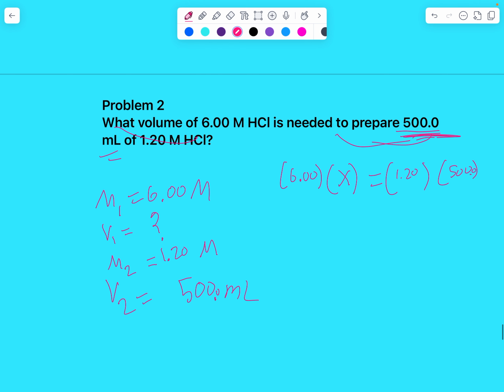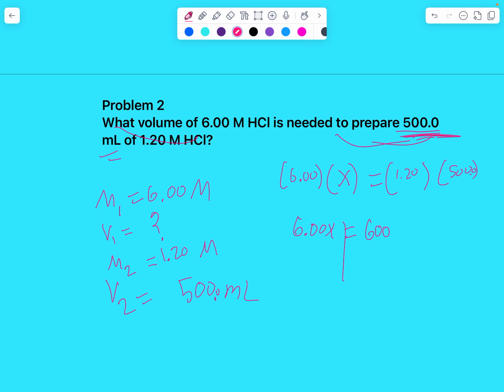Now I'm going to do 6.00x equals, and then on my calculator, I'm going to do 500.0 times, and I want you guys to do it too on your TI calculators, times 1.20, and I got 600.